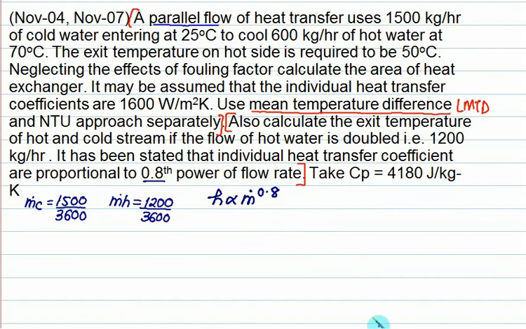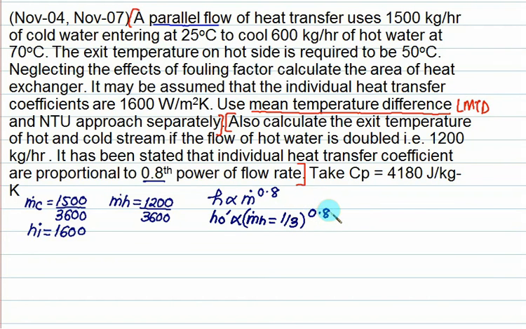Now since there is no change in the mass flow of the cold fluid, its heat transfer coefficient also remains constant. Let's call it HI equal to 1600. For the hot fluid, HO dash is proportional to the new value of M dot H, which is 1200 divided by 3600, that is 1 by 3, to the power 0.8.